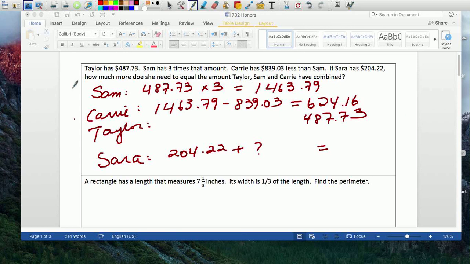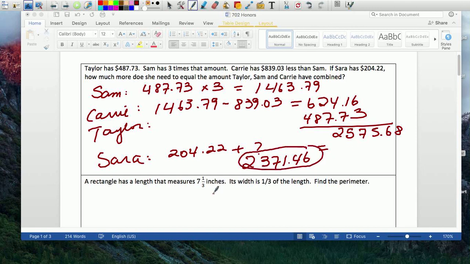That's going to give us a grand total of 2,575.68. So that's how much money these 3 people have. And we subtract what Sarah has, so minus 204.22 equals, so what Sarah needs is $2,371.46 to equal what these 3 people have. So that's the answer for that first question.